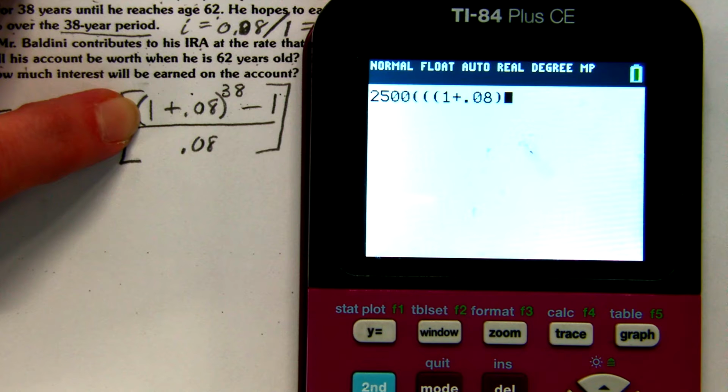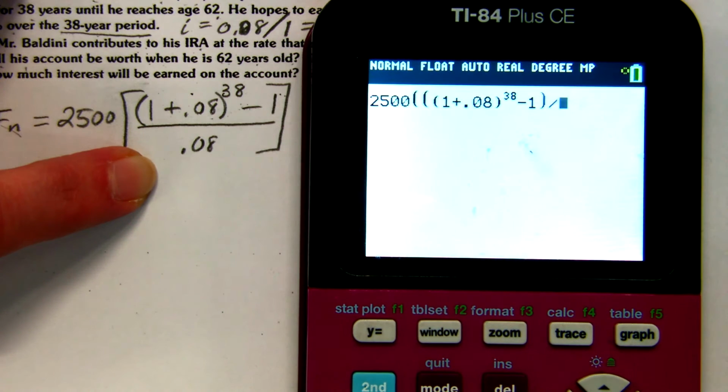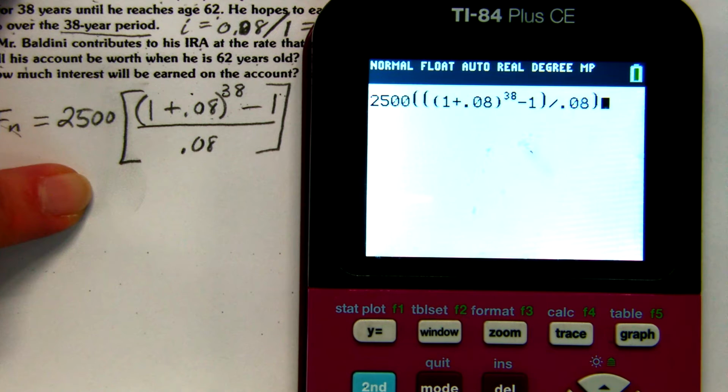Or you could have just changed that to 1.08, and then I could have left that off. To the 38 minus 1. Close the parentheses for the top of the fraction. Divide by 0.08. Close the parentheses for the bottom of the bracket. So I think I did that right. We'll find out. And then we get this.